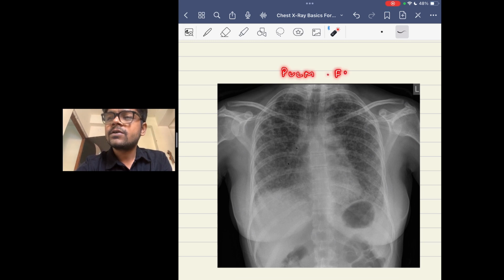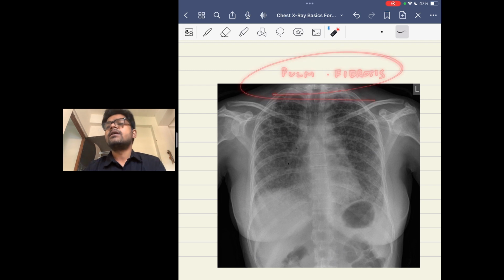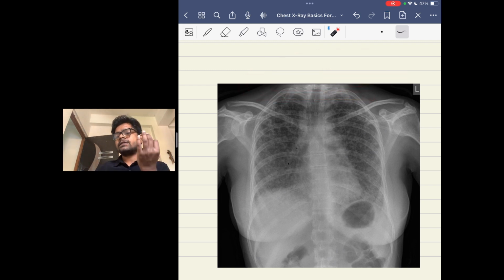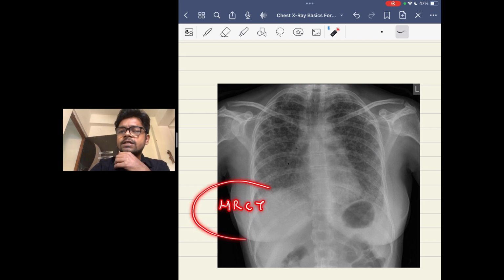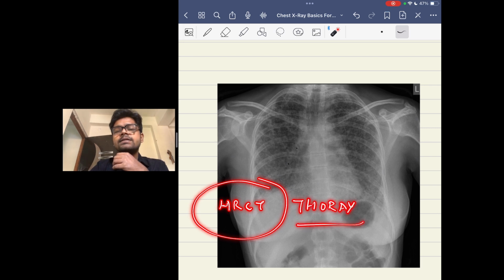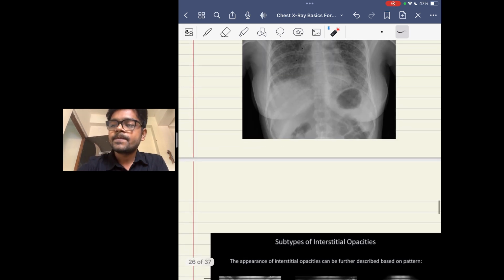Now, whether it is because of a connective tissue disease or an idiopathic pulmonary fibrosis can be characterized on HRCT thorax. So the question that will be asked is, what is the next step of investigation? So you will be writing that we will do an HRCT thorax, right?